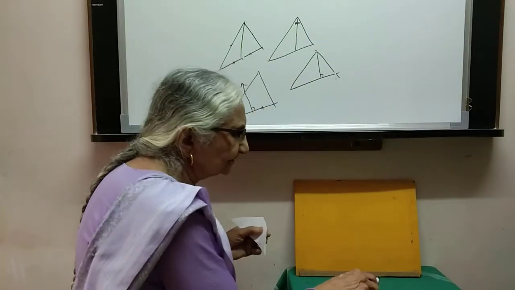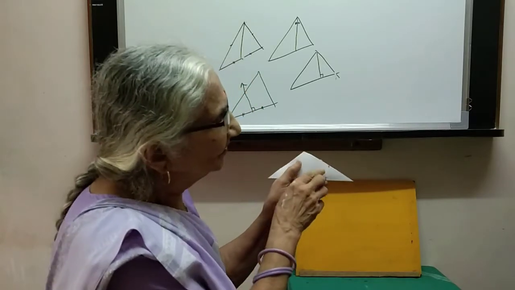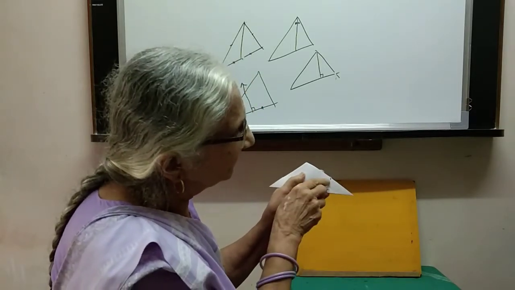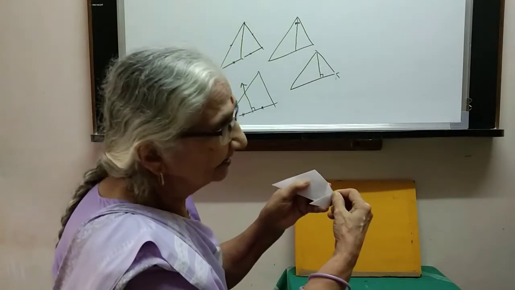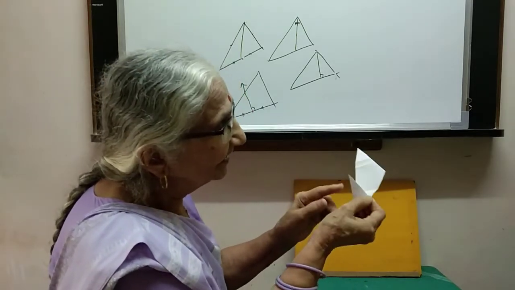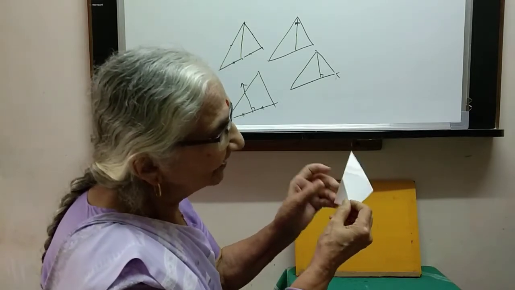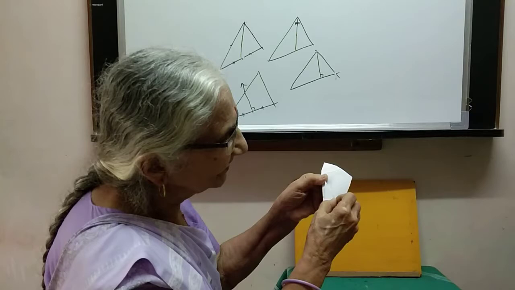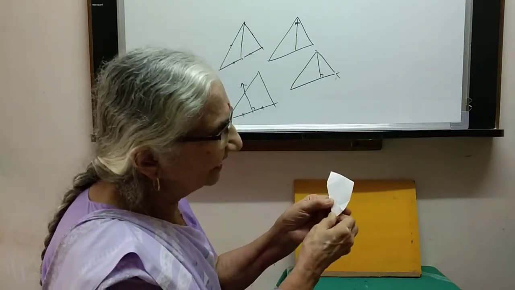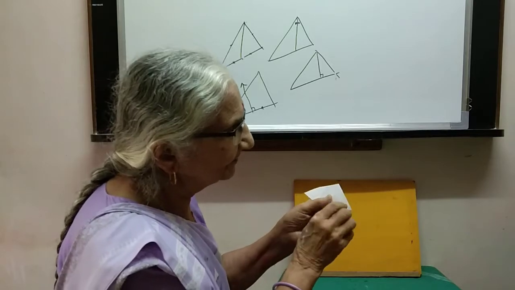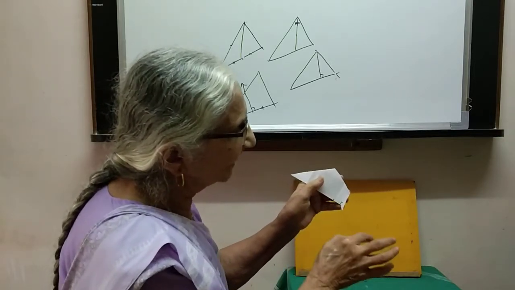Okay, what we do is, I have taken a point here. This is my line. If this is the point, I have to fold it at this point, and in such a way that this part and this part coincide with each other. For example, I will not take it like this, but like that. And then I press the fold, and this is the perpendicular from this point to this line.